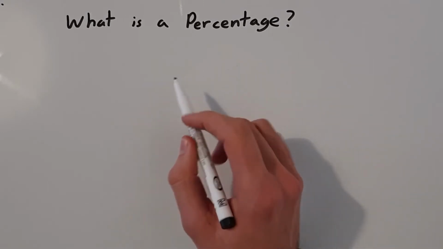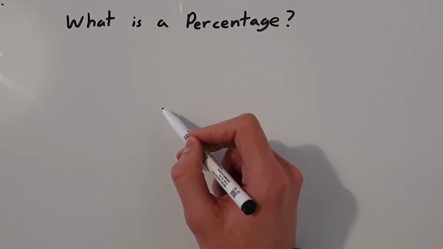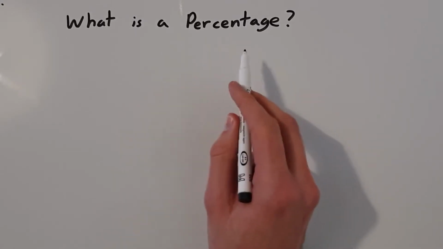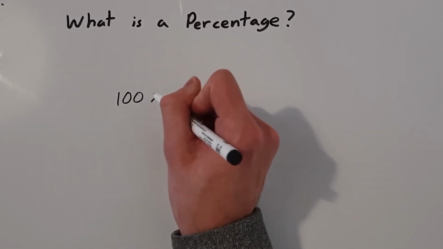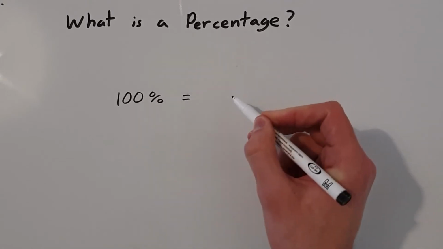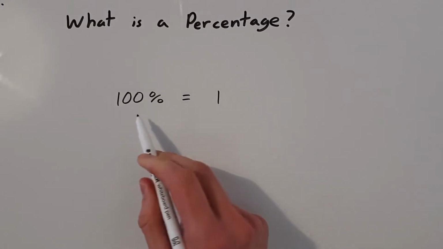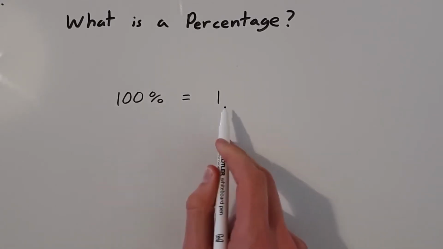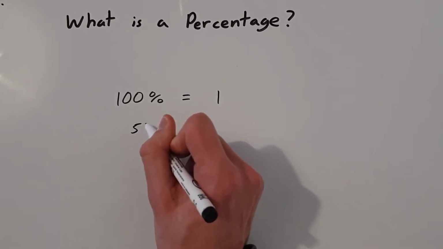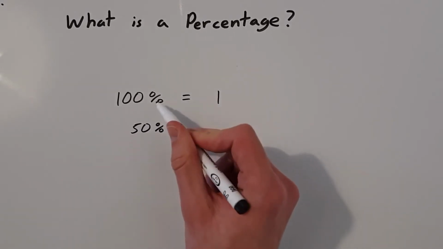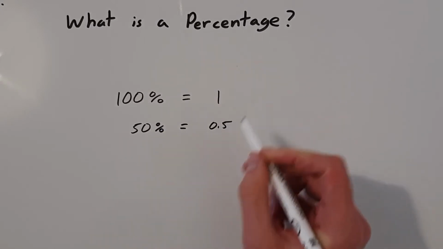Okay, so let's take a second then to think about what is a percentage. So a percentage is essentially a good way of representing a proportion of a number. And the main rule we must remember when dealing with percentages is 100% is the same as the number itself. So let's take 1 as an example. If 100% equals 1, then 50%, because 50% is half of 100%, so 50% of 1 would be 0.5.